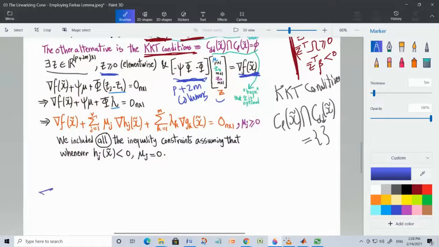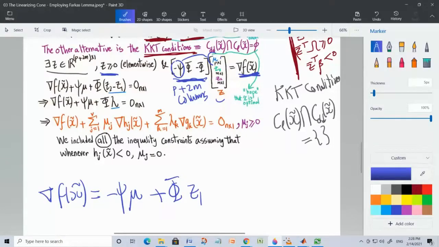Okay, so from here we have the gradient of f at x tilde equal to minus epsilon mu, so this multiplied by that, plus phi z1 minus phi z2. Okay, and again mu greater than or equal to 0, z1 greater than or equal to 0, z2 greater than or equal to 0. That's the Farkas lemma.